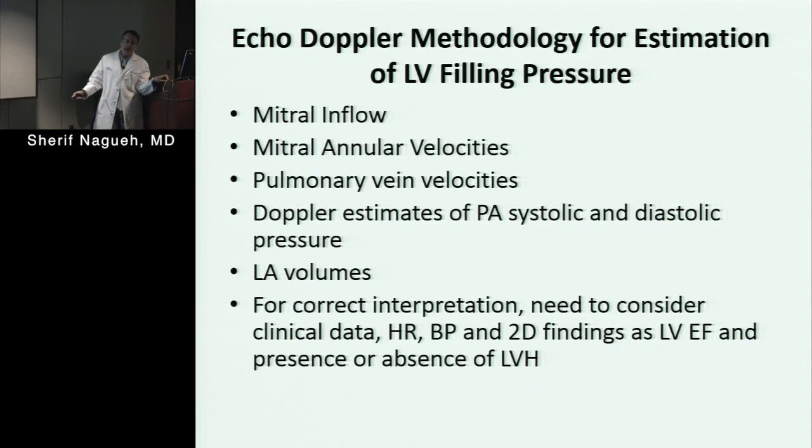We also have to look at 2D findings: left ventricular ejection fraction depressed or not, the presence of LVH. LVH here I'm talking about is pathologic left ventricular hypertrophy, like someone with hypertension, with aortic stenosis, with hypertrophic cardiomyopathy. These hearts are hearts that have diastolic dysfunction. Likewise, if you have someone with a depressed ejection fraction, their diastolic function is already abnormal.